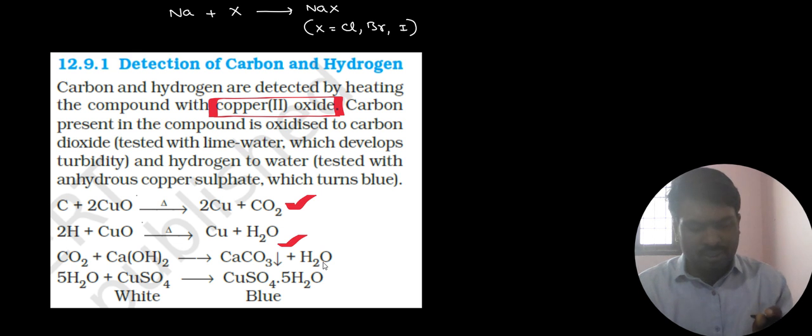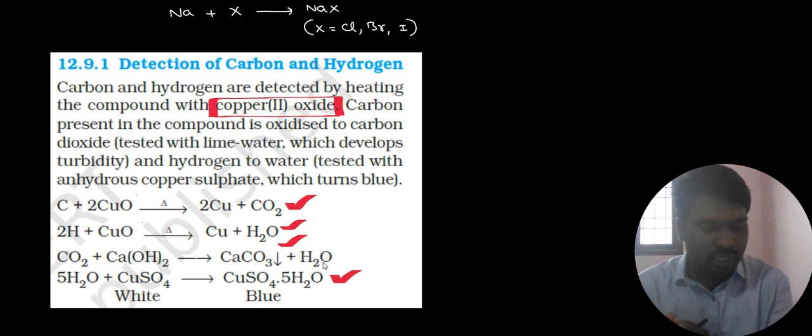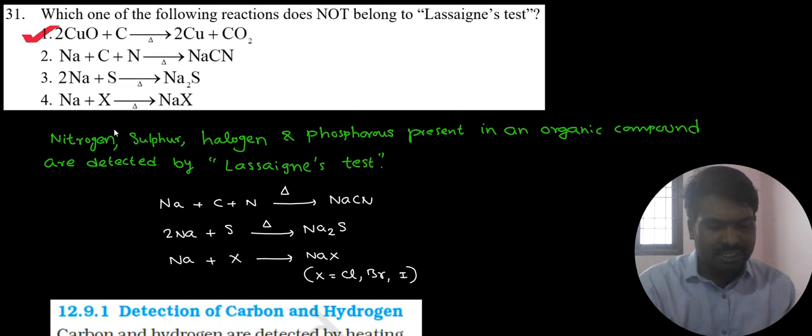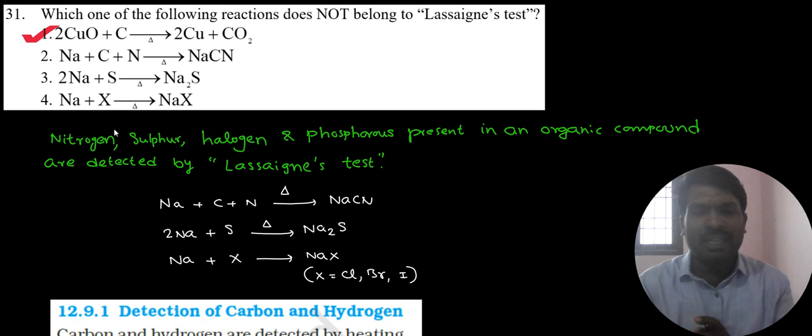Similarly, when copper oxide is treated with an organic compound containing hydrogen, water is generated. When that water passes through anhydrous copper sulfate, it turns blue, meaning hydrated copper sulfate, CuSO4.5H2O. So this is called the copper oxide test. By using this test, we can detect carbon and hydrogen. So the first reaction is completely different from the remaining three reactions. So option 1 is the right answer.